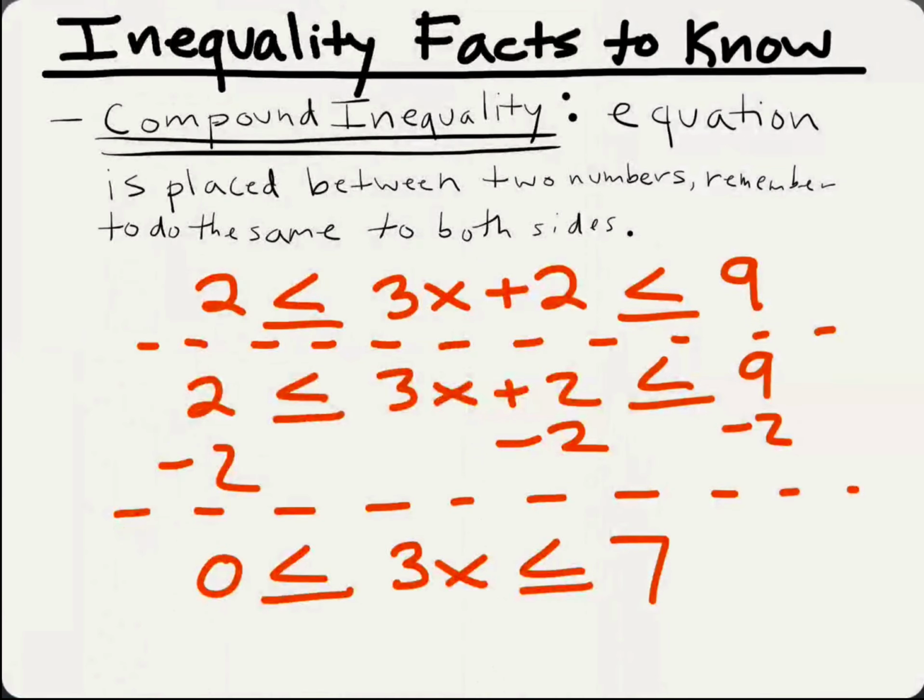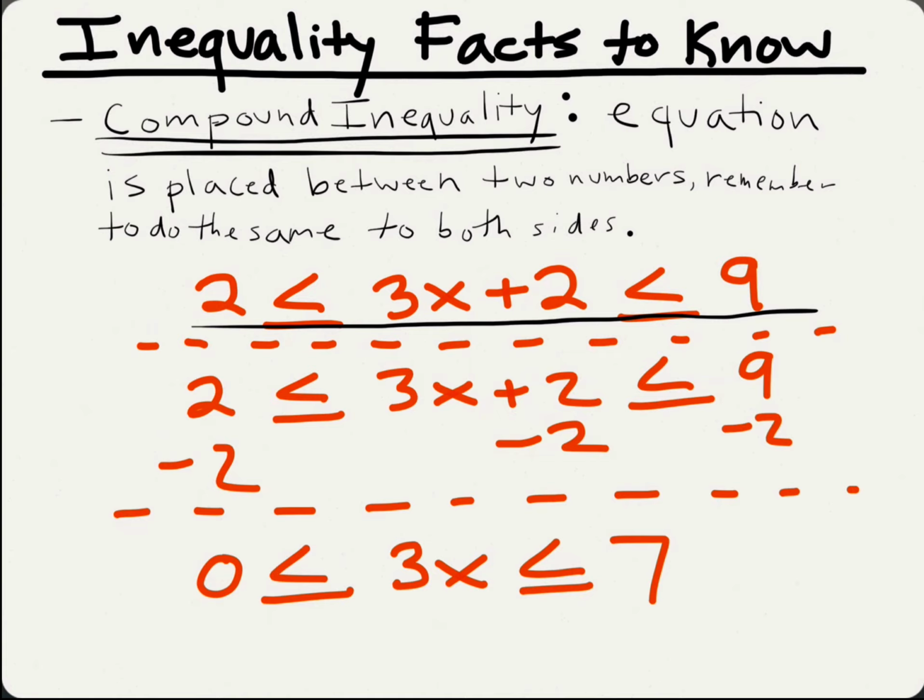One more fact that you should know: there are such things as compound inequalities, and you will see these on the SAT. A compound inequality is basically an expression that is placed between two numbers, and you have to remember to do the same to both sides. So it's the same thing as a normal inequality, but let's say here we're going to subtract 2 from the middle.